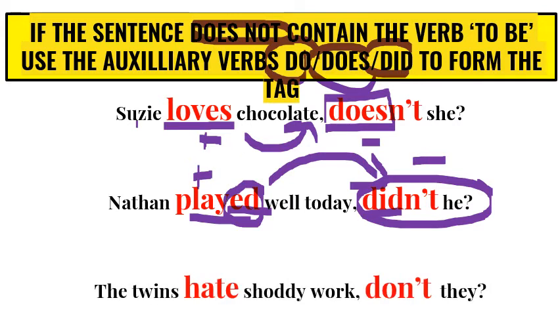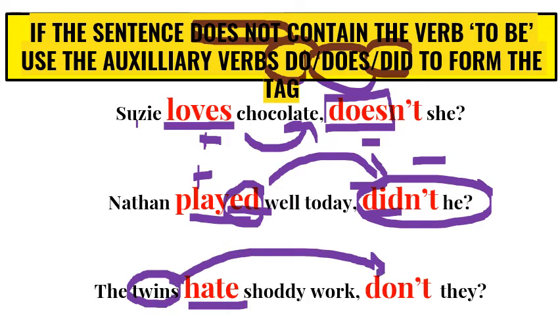And lastly, the twins hate shoddy work. Check here. My subject is plural. Therefore, I'm going to use do. And I have to change that into a negative tag because my statement is positive. Therefore, the twins hate shoddy work, don't they?